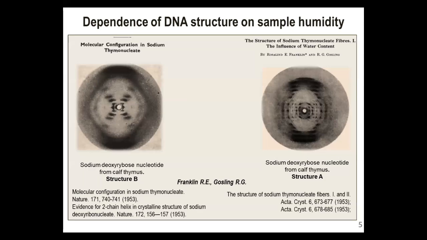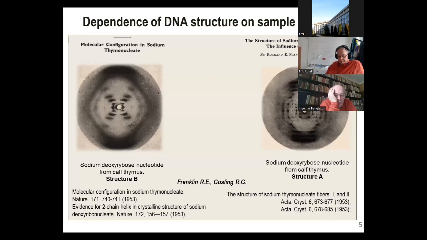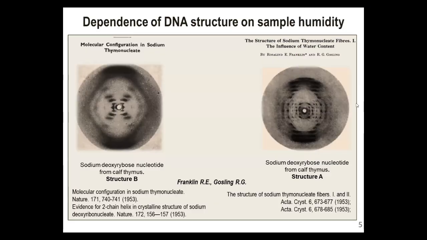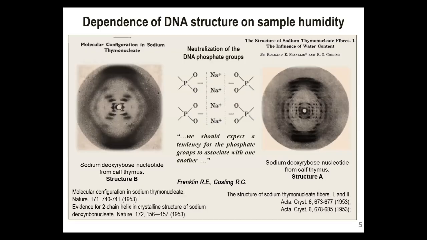And so I will continue without my slides, but in general it is possible to describe this because there was another paper published in the Acta Crystallographica journal, where Rosalind Franklin also introduced such a scheme of neutralization of the phosphate groups.